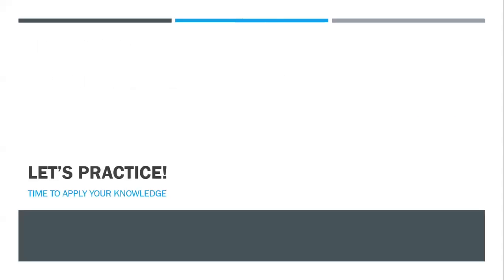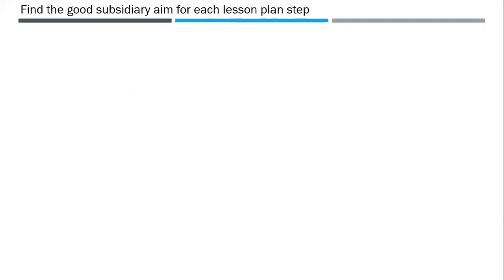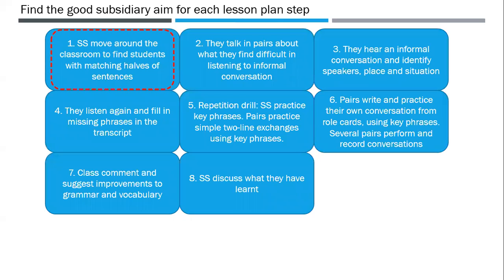methodological language. Okay, well, that's all about theory. Let's get some practice. Prepare to use your brain very hard. Okay, find the good subsidiary aim for each lesson plan step. Here we have the summary of a lesson plan, which is split up into 8 stages. For each stage, find a good subsidiary aim.